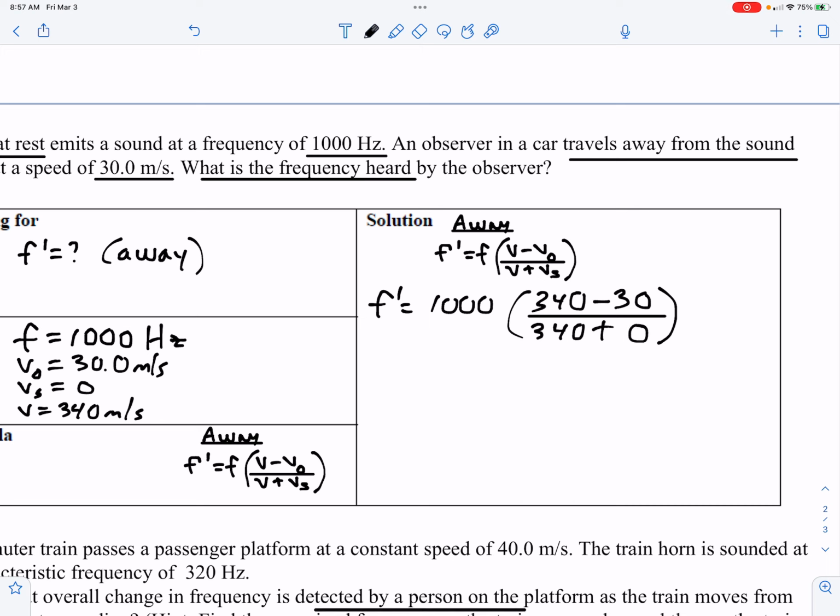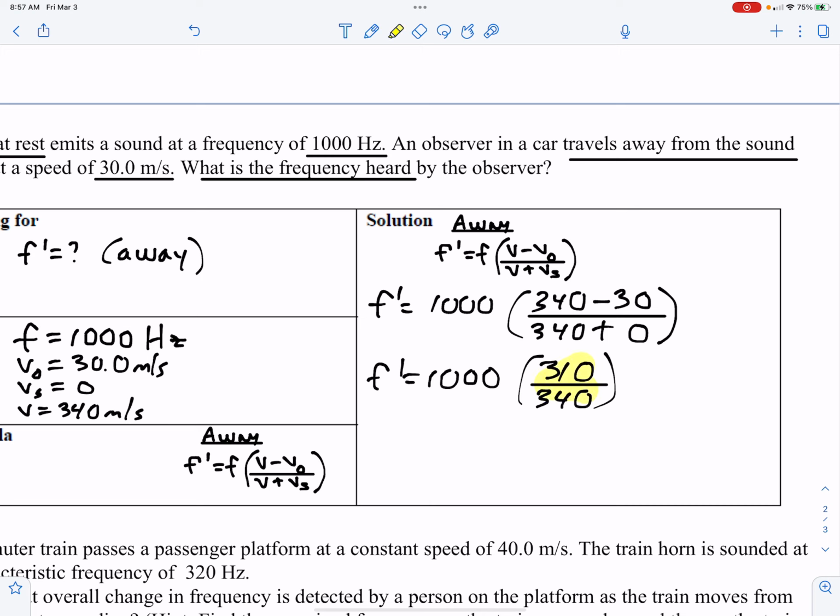The train, the sound source, is not moving. Okay, this is going to be 1,000 times, now 340 minus 30 would be 310 on top. And then 340 plus 0 would be 340 on bottom.